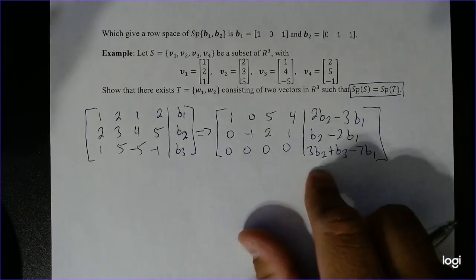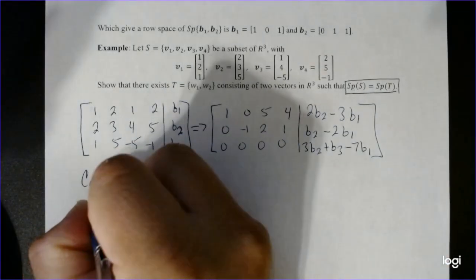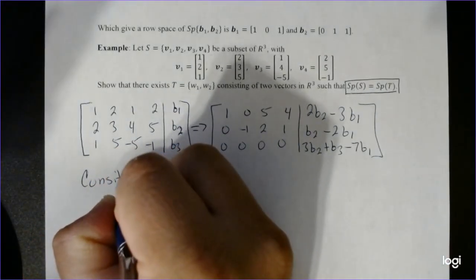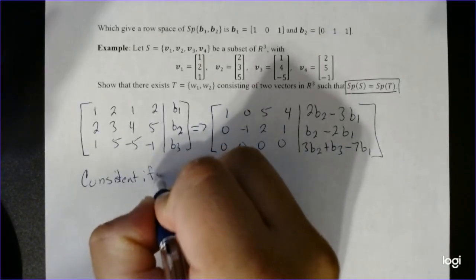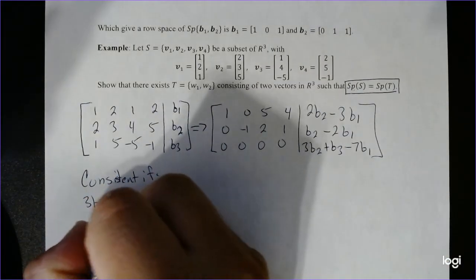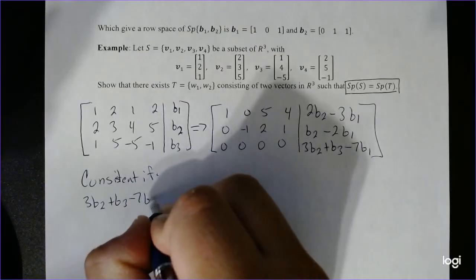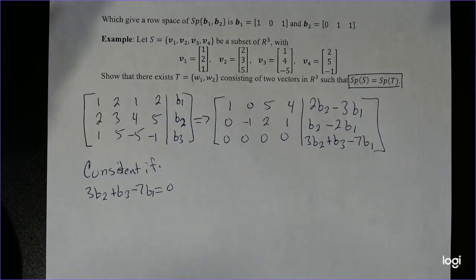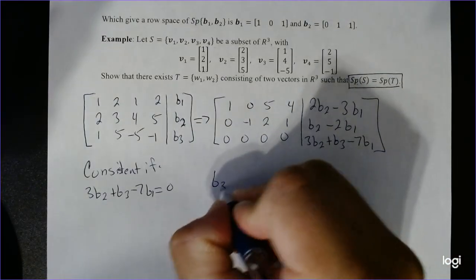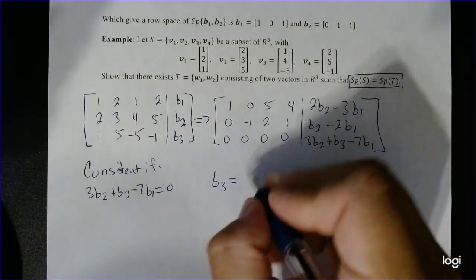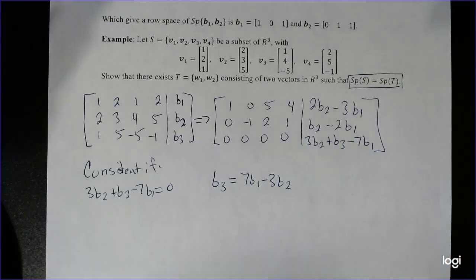So same situation, right? The same type of vectors. So this is consistent. If that equals 0, that means B3, if I just want to solve for it, is equal to 7B1 minus 3B2. That's our situation.